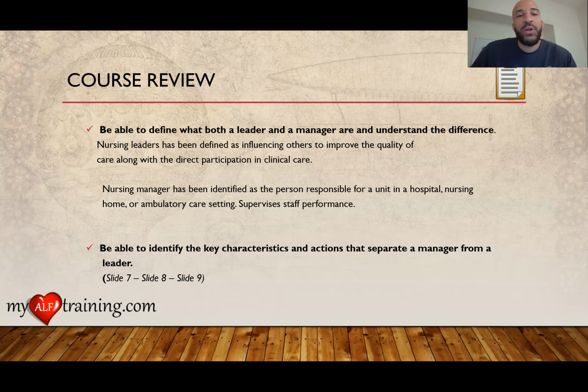In comparison, a nursing manager is someone who assumes responsibility for the unit as a whole. They're supervising staff performance. They're not as concerned about interpersonal relationships or growing individuals that are members of the team. They're more concerned with problems and reaching goals.